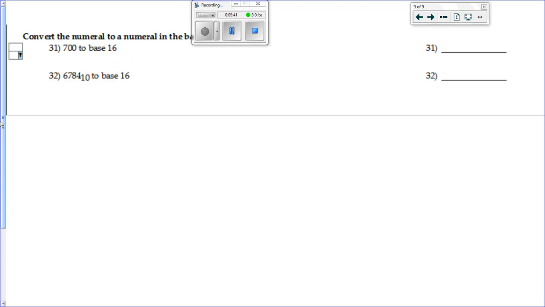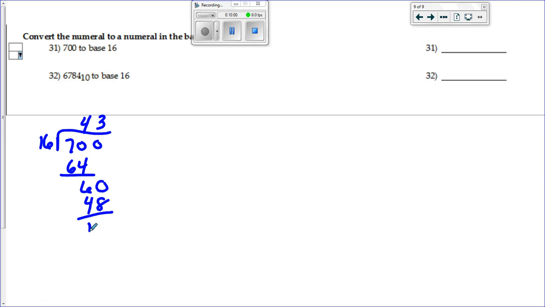So I'm going to divide 16 into 700. Okay, 16 into 70 goes 4 times, because now I am going to do long division because of the 16. This is going to be 64, and that's a 6, and that's going to go in 3 times. That's 48, and that's 12.